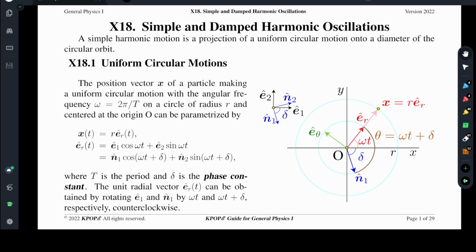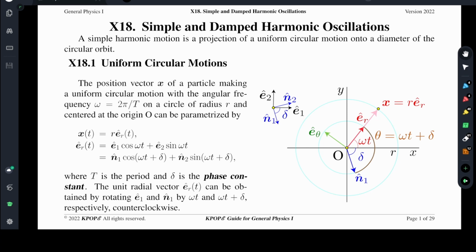simple harmonic oscillator in such a way, you already know uniform circular motion. You are familiar with the solution of the uniform circular motion that is governed by any generic force that has a centripetal acceleration. So we review the uniform circular motion, and naturally the projection onto either x or y direction is identical to the solution for the simple harmonic oscillator.